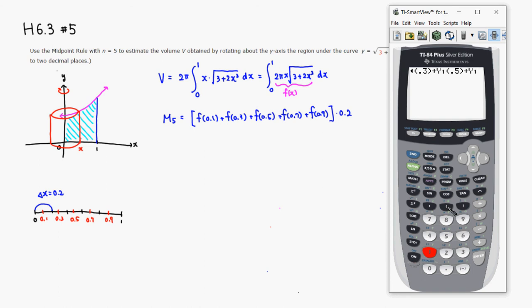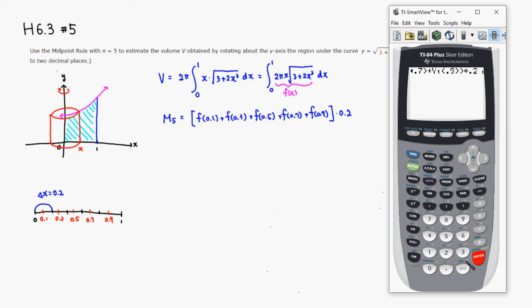Then 0.7, and plus the last one, VARS, Y-VARS, function, and the first one. Then we put the 0.9, then close parentheses. Then we just have to multiply by 0.2.